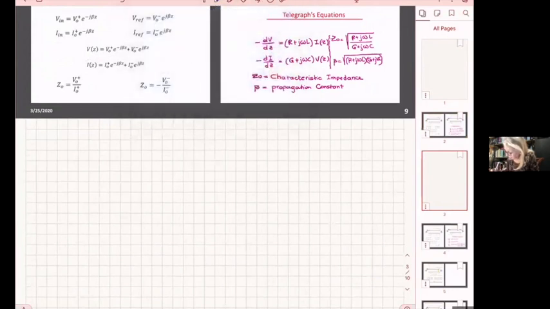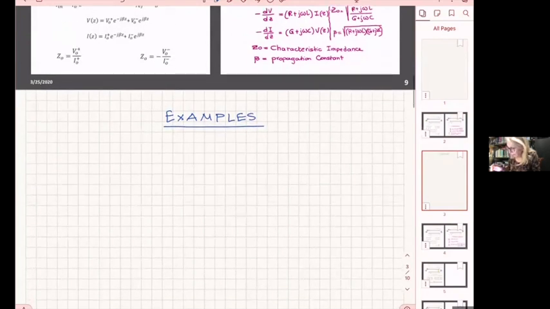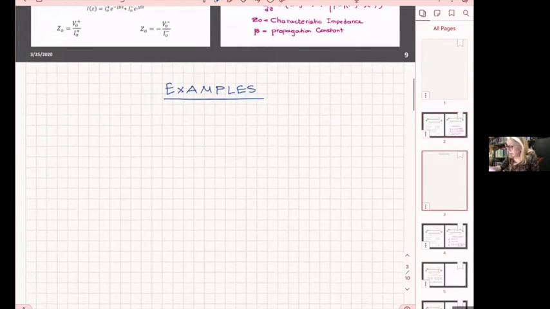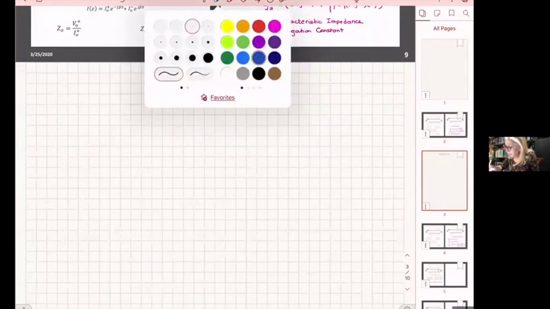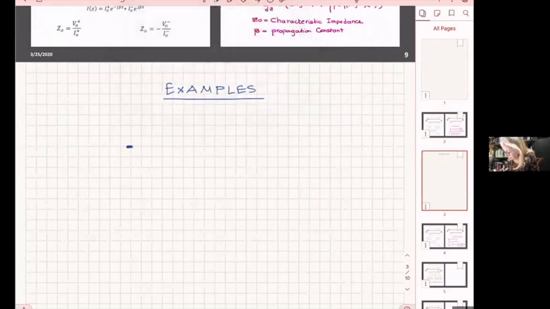So examples. Okay, so first of all, let me draw one line because we are going to use this over again. So here we have a transmission line. That's how we show them.